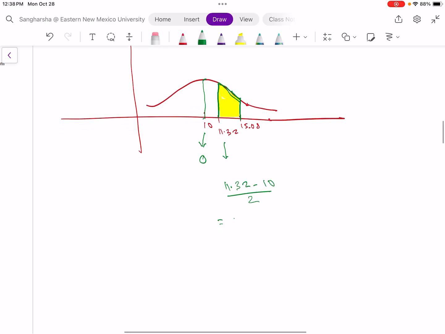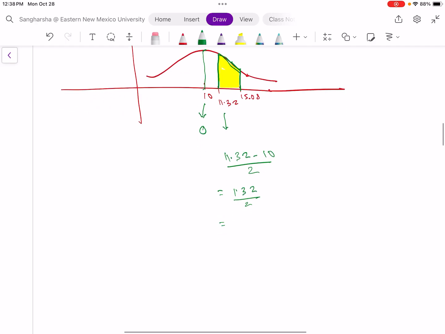Now for this one, that is 11.32 minus mu, which is 10, divided by 2. This is 1.32 divided by 2. Similarly, we convert 15.08: 15.08 minus 10 divided by 2. This is 5.08 divided by 2. Now, can you help me here? What do we have? 1.32 divided by 2 is 0.66.